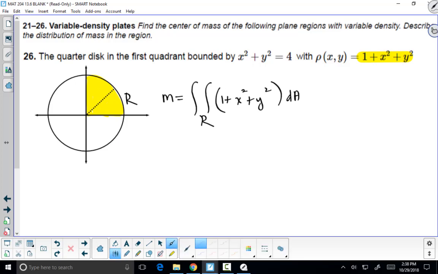So if we convert to polar, the inside is going to be 1 plus r squared, and then we have to multiply by r. So 1 plus r squared, r dr d theta. And when we look at our region, r is going from where to where? 0 to 2. And then theta? 0 to pi over 2. Good. So that will be our mass integral.